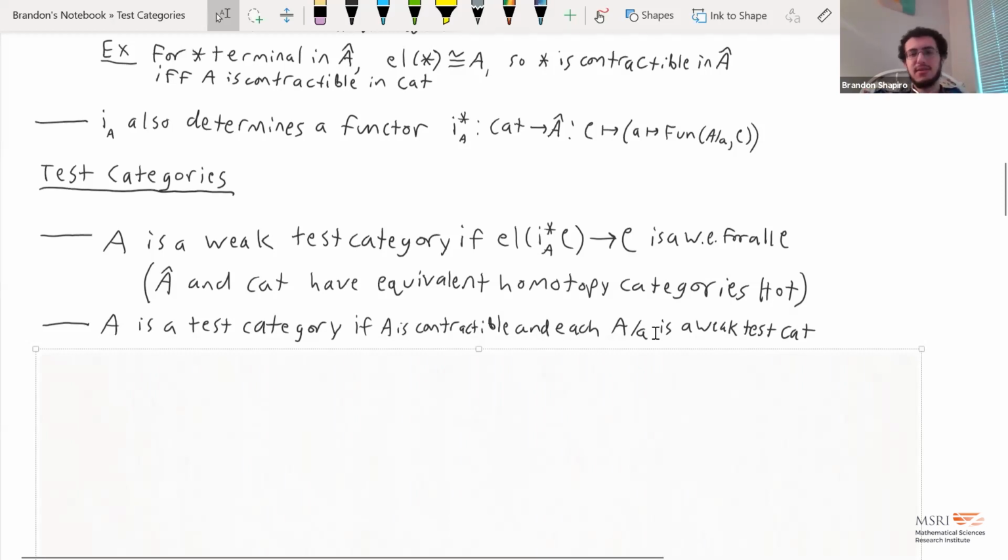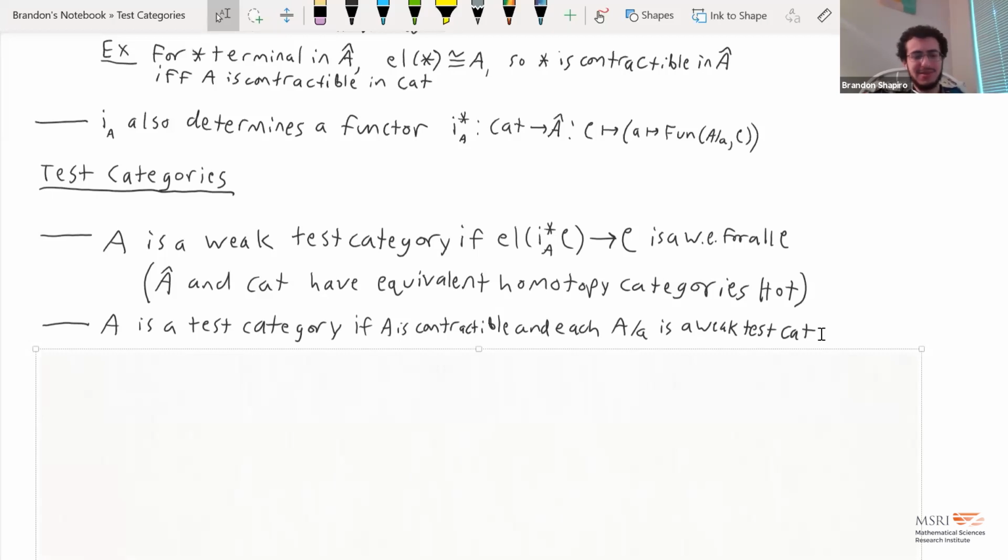And this local property, so Grothendieck, if you ignore the first condition, that A is contractible, this property is called being a local test category. And you get some slightly stronger characterizations of what that means in terms of the homotopy categories.